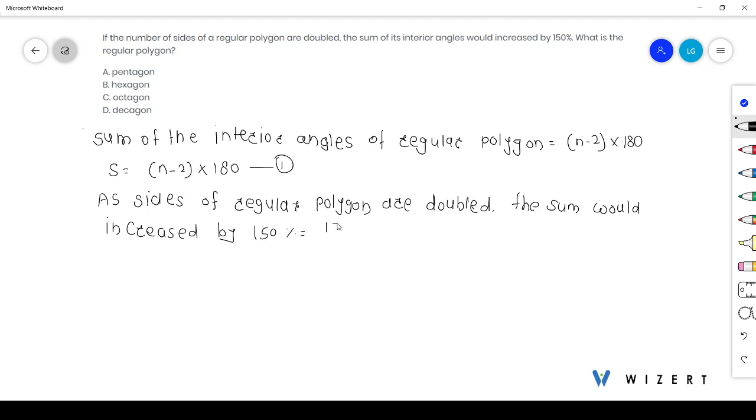So 150% means 150 by 100, that is 5 by 2.